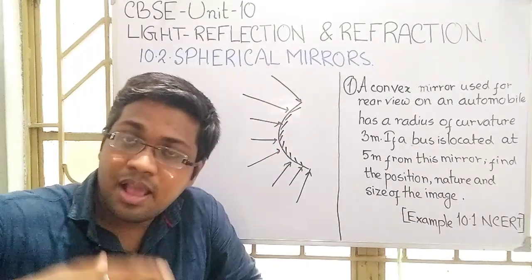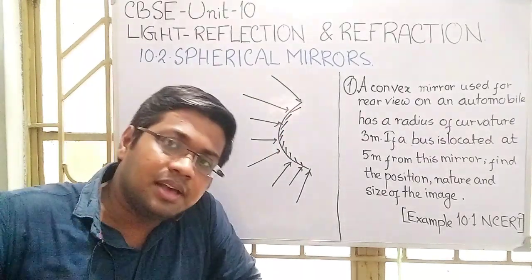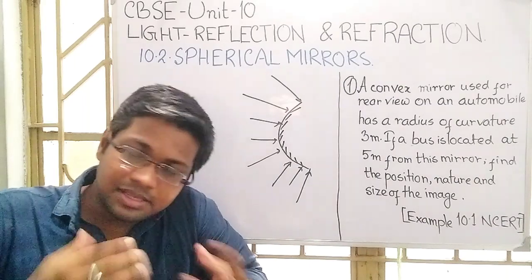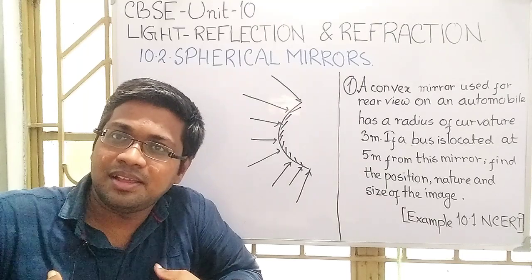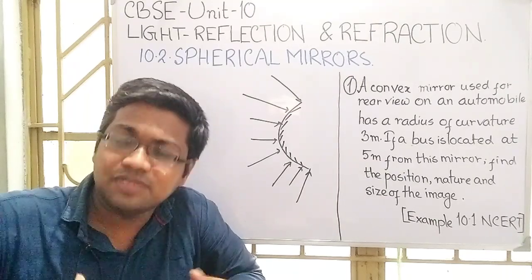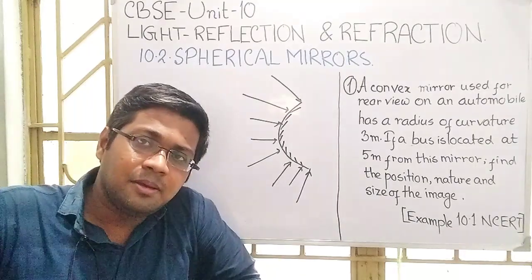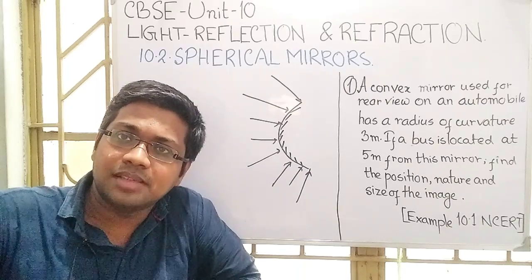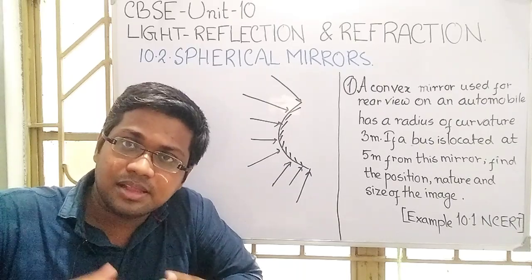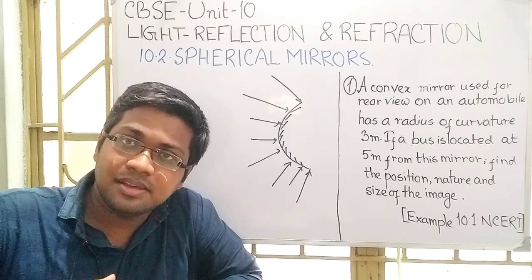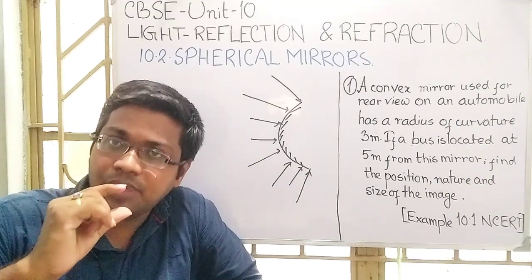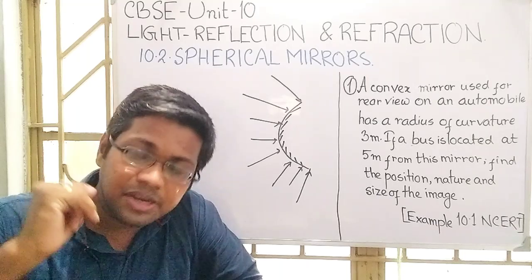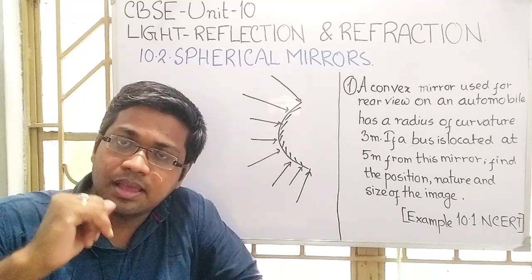So by observing its size, you can estimate that if it is of greater size, then it is close to me. If it is of less size, then it is far away from me. But in case of the rear view mirror, these things do not look like this. All the time the image that is obtained of the object behind you is smaller.